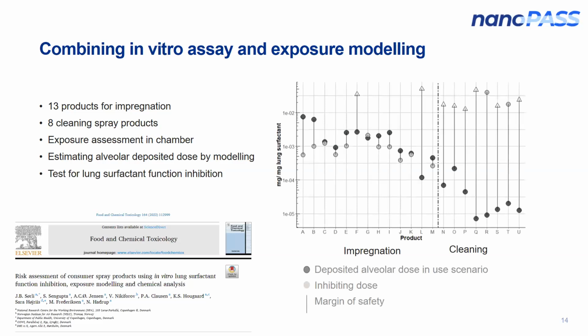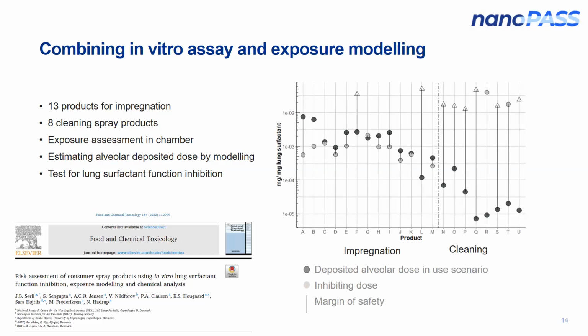So this graph can probably be a little bit difficult to interpret, but on one side we have the impregnation products and on the other side we have the cleaning products. The dark gray dots are what we estimate is deposited in the alveoli in the use scenarios. And the light gray is the inhibiting dose that we found in vitro. And the line is a margin of safety.